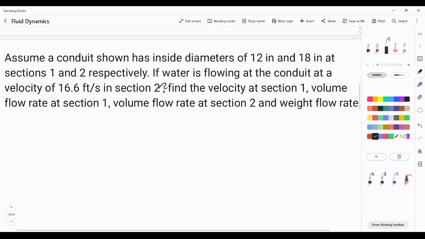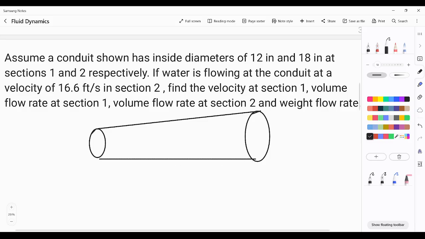Section 1 has a smaller diameter. So let's draw it. Smaller diameter. Okay. And at section 2, it has a relatively larger diameter of 18 inches. So the diameter is larger at section 2. And let's just connect that. Say that's our conduit.